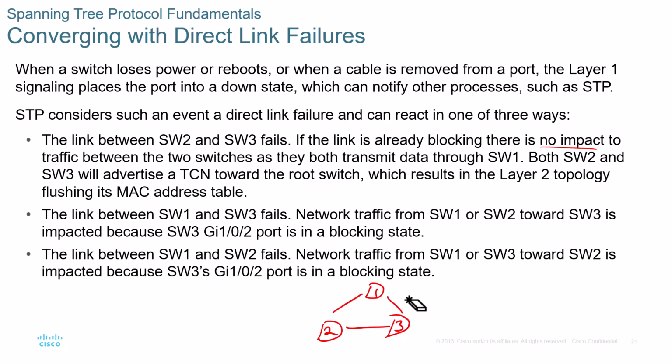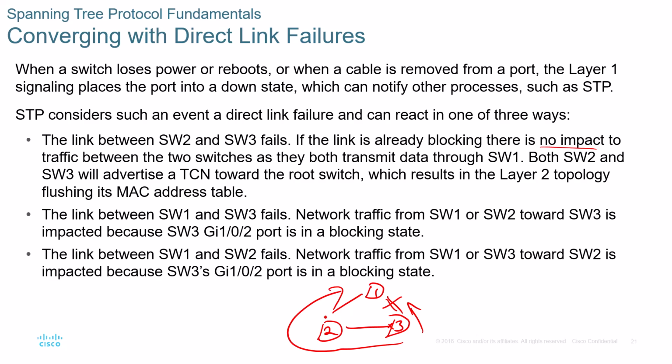So we don't have to really worry. If, however, the link between switch 1 and 3 fails, and this was the blocking port, then we have to reshift the traffic. There should be a TCN, and then the traffic from switch 1 and 2 will have to accommodate. So instead of traffic going that way, traffic is going to have to go that way.